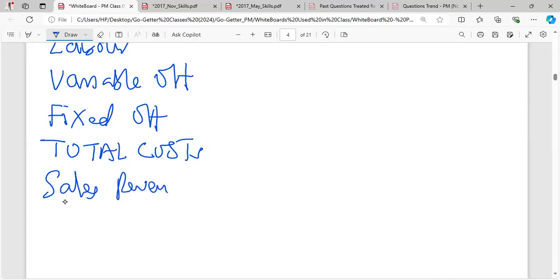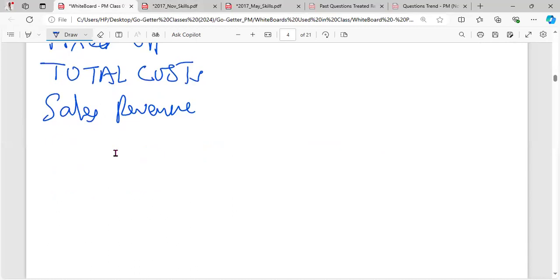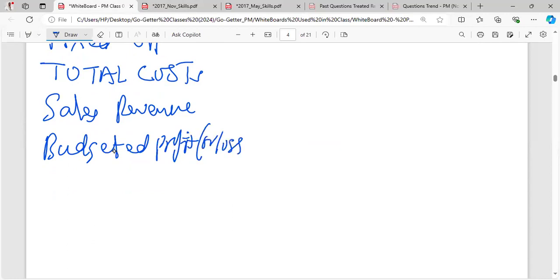And after sales revenue is budgeted profit or loss.